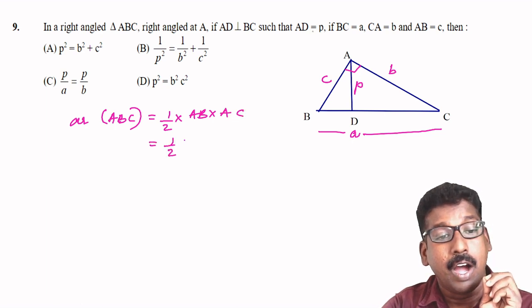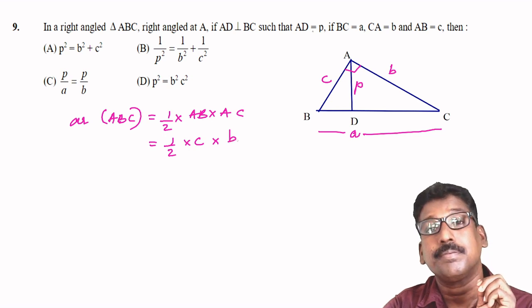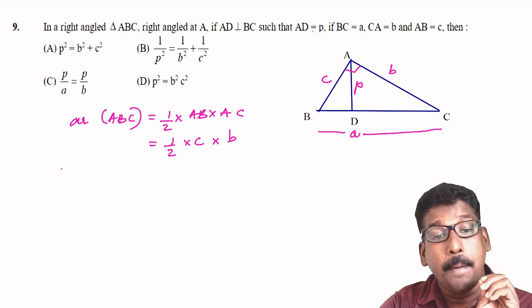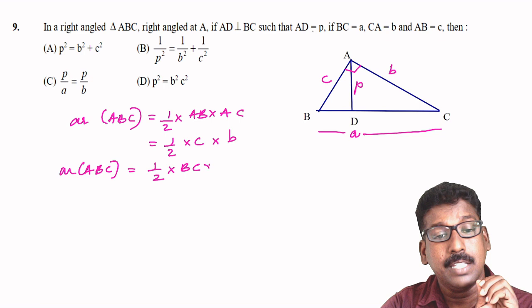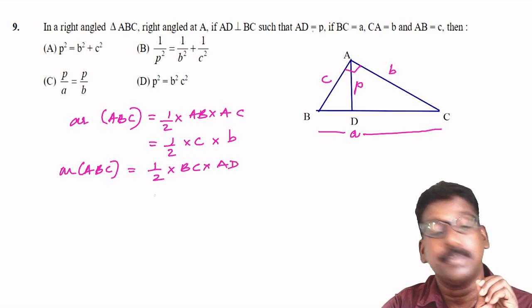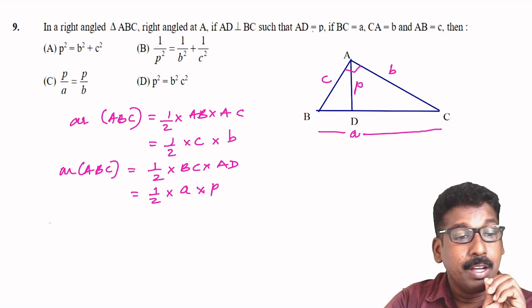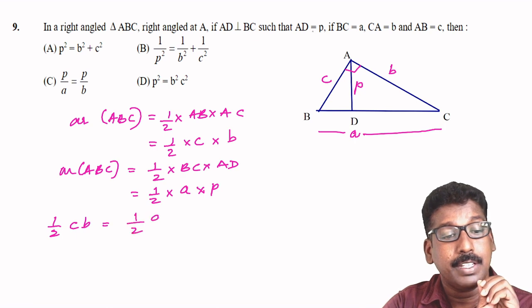That is half into AB, you can write it as C, into AC, you can write it as B. In the same way, area of triangle ABC with the base BC, it is half into BC into height will be AD. That is half into A into P. That means half CB is equal to half AP.